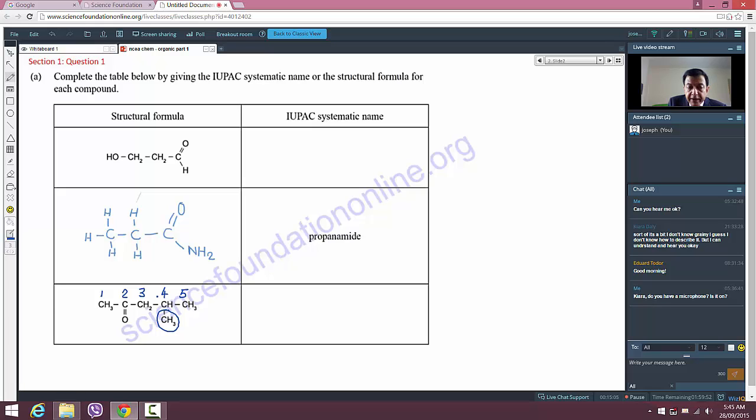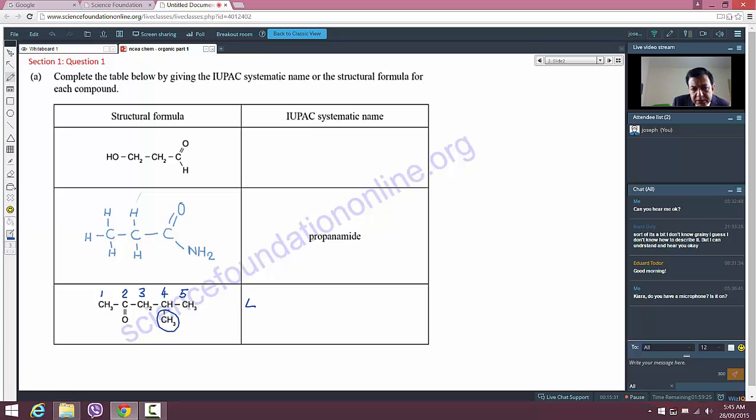And it's a 5-carbon alkanone, which makes it a pentanone. It's the pentanone where the ketone or alkanone functional group is on the 2nd carbon. So it's a pentan-2-one with a methyl substituent, that's a CH3 substituent, on the 4th carbon. So the systematic name then becomes 4-methyl.